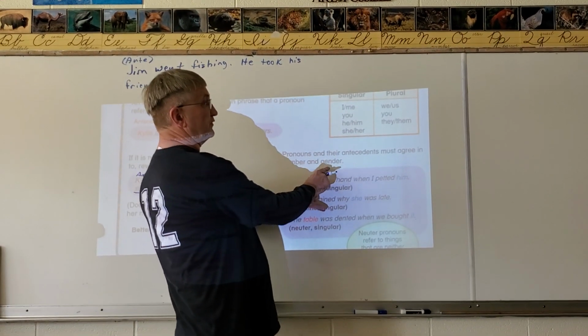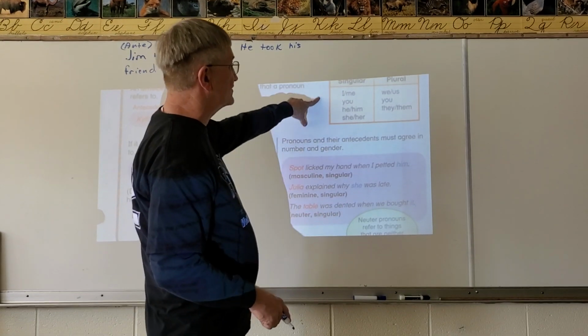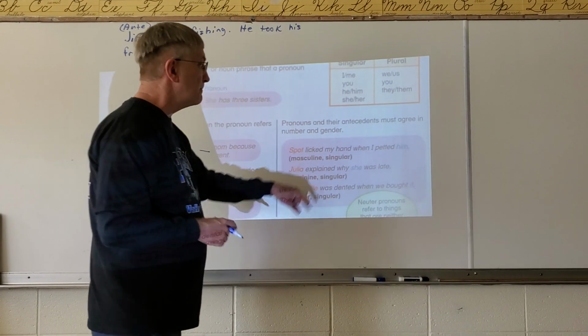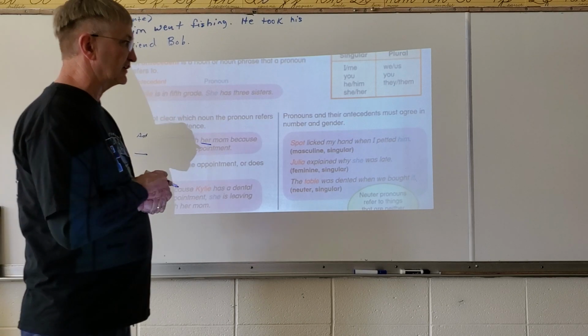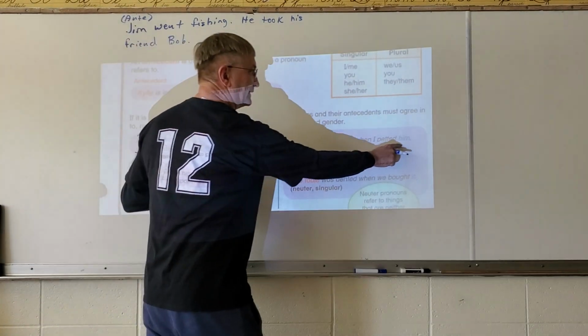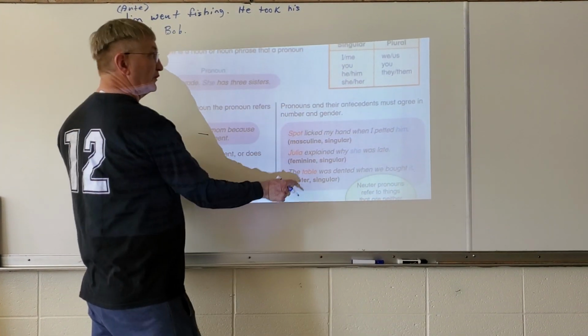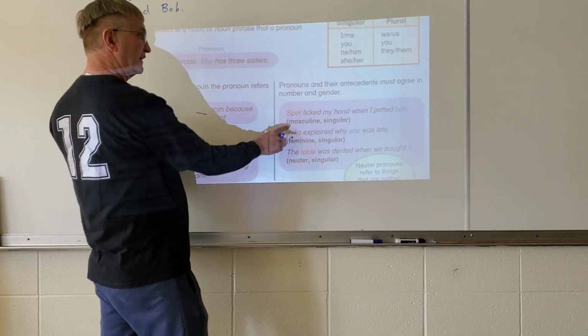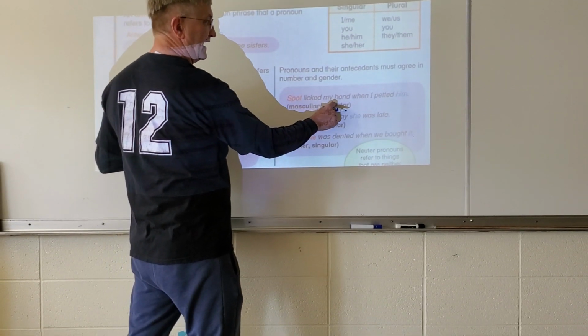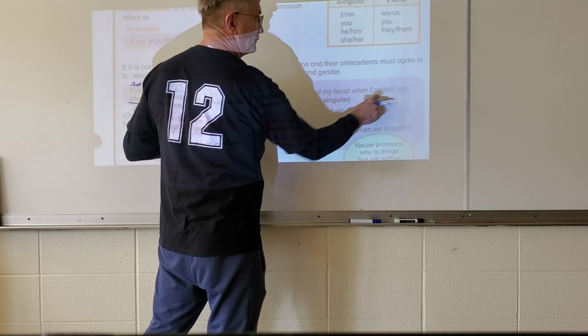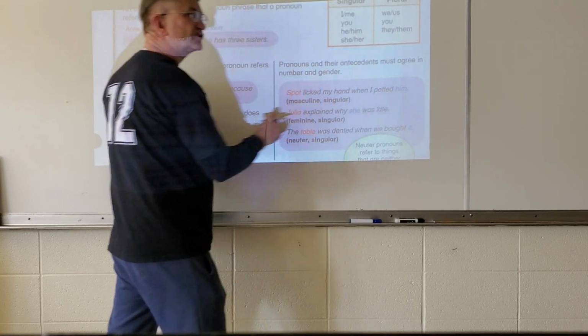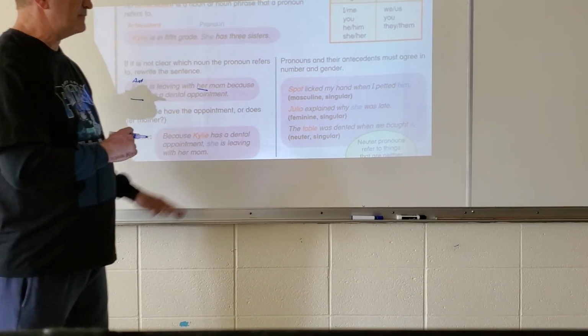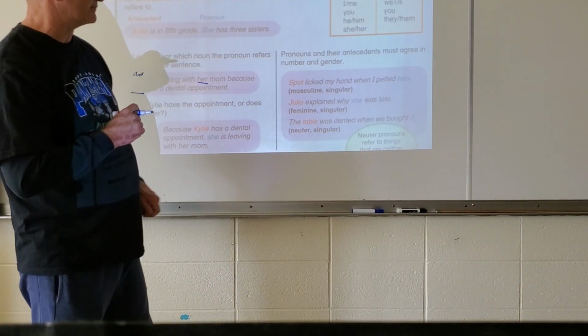And if you notice up here, they don't give that in the singular listing. My and mine are singular. When I petted him, him referring to again the singular. So Spot licked my hand when I petted him. Notice everything in this sentence is singular. You can't be bouncing around too much.